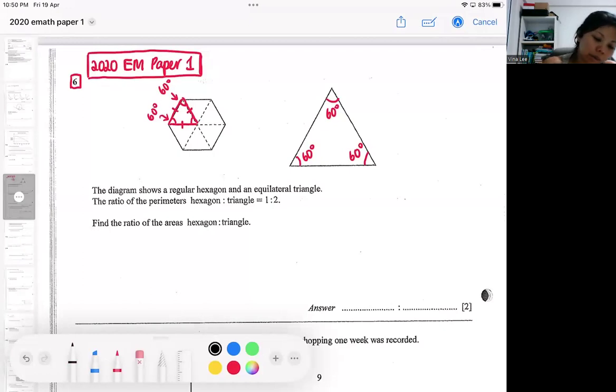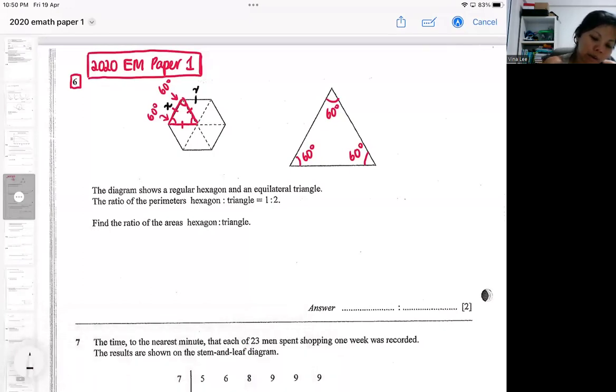Okay, so the easiest way is to assign all the sides x, because they are the same length here. So that would be my algebra. My x will be the side of the hexagon. So from here, it's very obvious that the perimeter is 6x. So this is 1 unit.